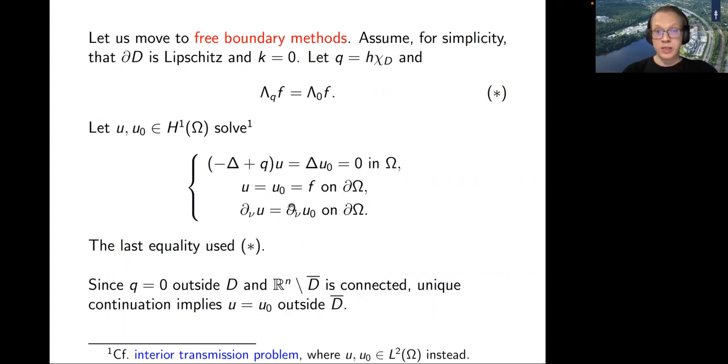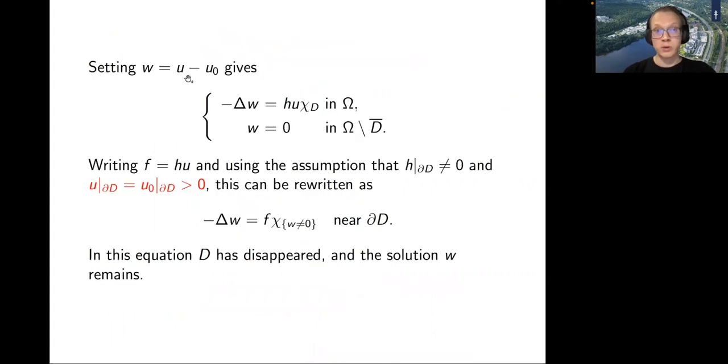So we can rewrite this equation just by taking the difference of U and U naught. So W is equal to U minus U naught. So this gives minus Laplacian W is equal to the potential times U. The potential was H times chi D. So minus Laplacian W is equal to HU chi D in Omega, and W is equal to 0 outside of the obstacle. Okay.